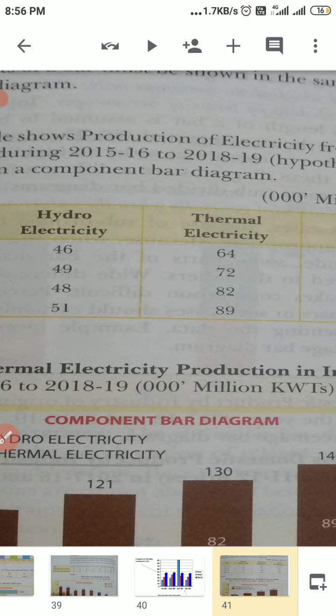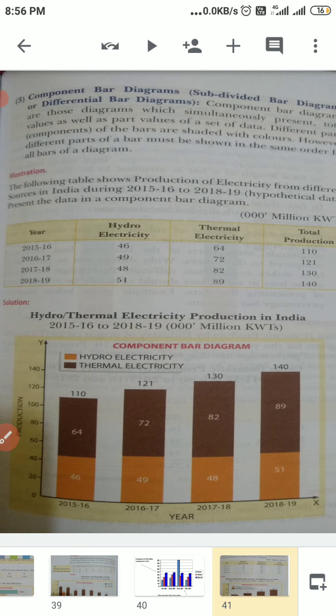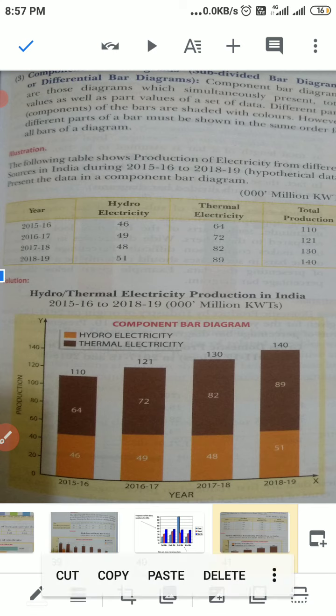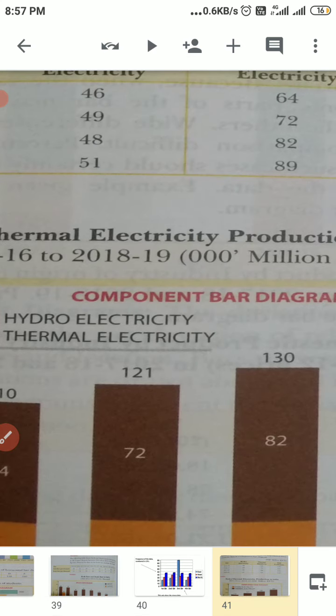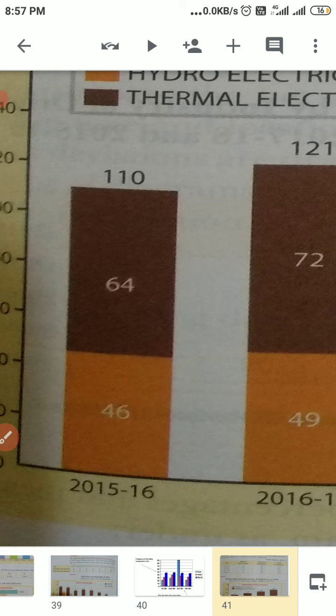You can see in this diagram also, hydroelectricity and thermal electricity. So we are showing one is 46, another is 64.